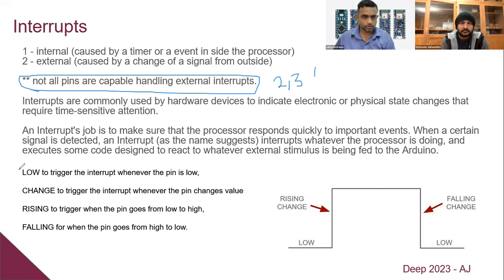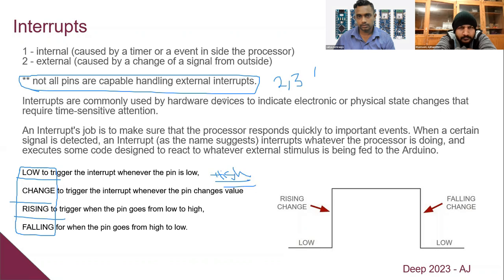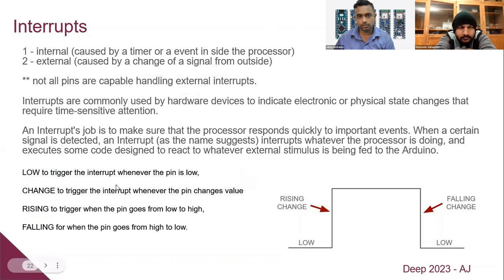You can detect these states: low, change, rising and falling. The newer boards can also detect the high state as well. All other Arduino boards can detect these 4 states.